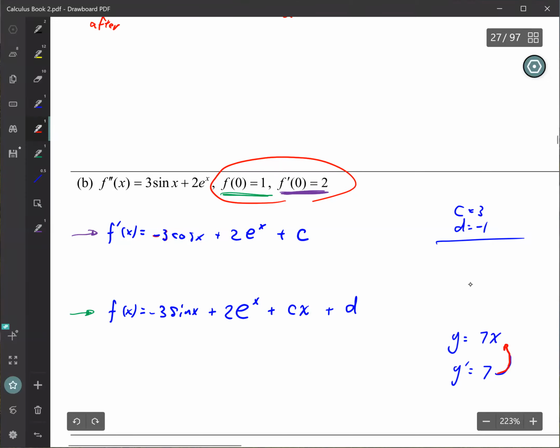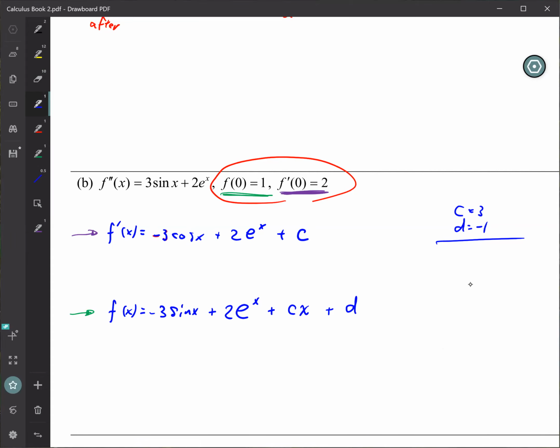On unprime, you just add an x. Oh, okay. Make sense? We want to go back on unprime it. I got it. Okay, so anyone else didn't get the C and D? It should be 3 and -1.